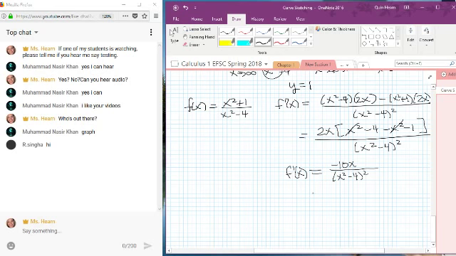So that would mean the function changes from increasing to decreasing at that value. In the case of a rational function, we find where it equals 0 by setting the numerator equal to 0. So we want to know where negative 10x equals 0, which is when x is 0. And we have an undefined function.